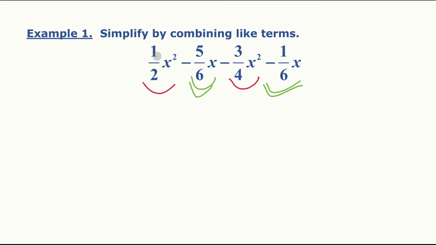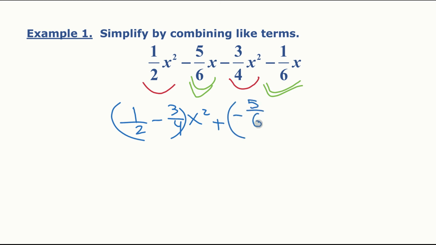So notice that what we can do is put the x squared terms next to each other and go ahead and factor out the x squared. So 1/2 minus 3/4 x squared, and then put the -5/6 minus 1/6, and that's going to be multiplied by x.